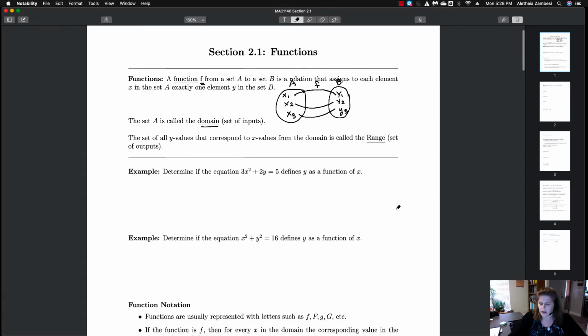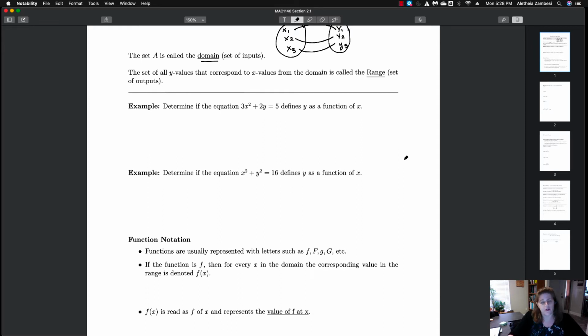Now if a relationship is a function, we are able to solve for y uniquely. So if you're looking at an equation like 3x squared plus 2y is equal to 5, if you're able to isolate y by itself on one side, then that relationship is a function. So looking at this, if I subtract 3x squared from both sides, I get 2y is equal to negative 3x squared plus 5.